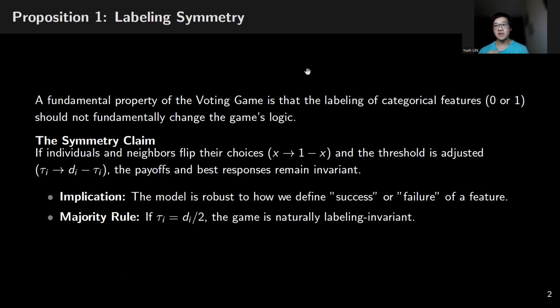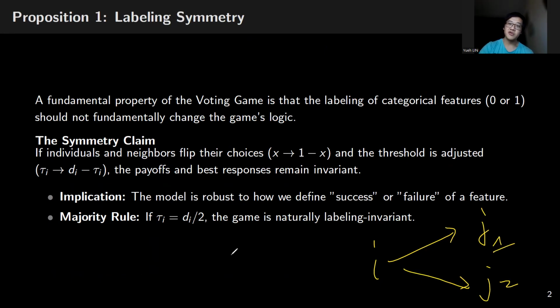So first, we talk about the labeling symmetry of the voting game. In fact, the voting game model is intrinsically symmetrical when we do some sort of flipping operation. Let's say we have individuals I and J1, J2, each with respect to each feature. Say for feature F1, we have a choice of 0 or 1.